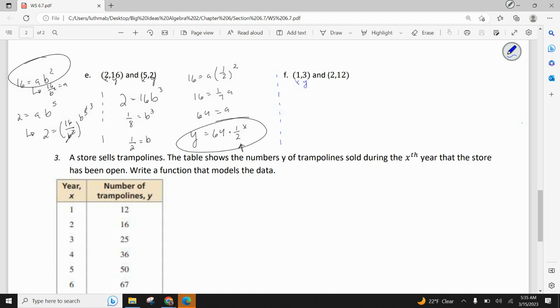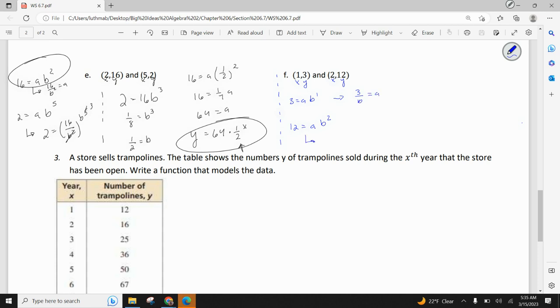One last one on this section, x y, x y. So 3 equals a b to the first. 12 equals a b squared. We'll get a by itself here, so 3 over b equals a.